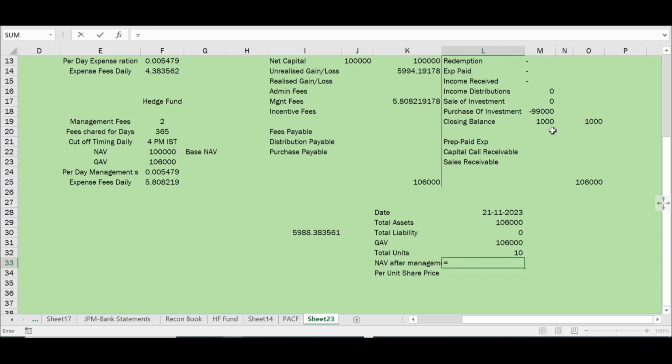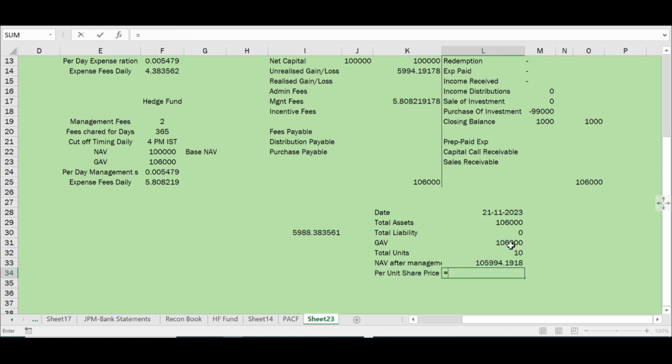So NAV after management fees is 1 lakh divided by 5.808219178. So it would be around 105.